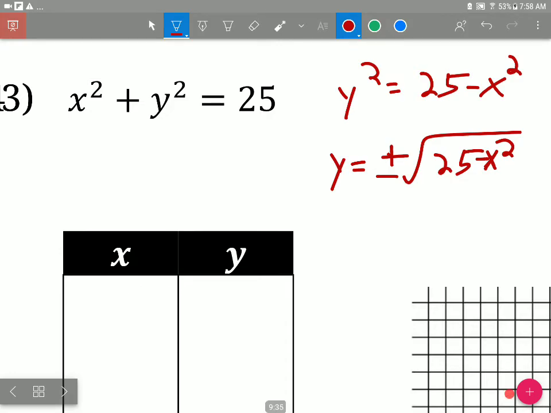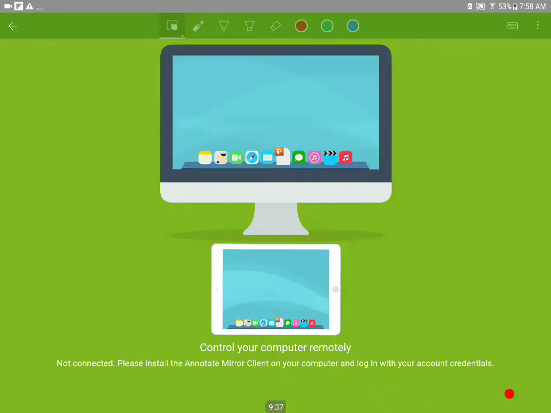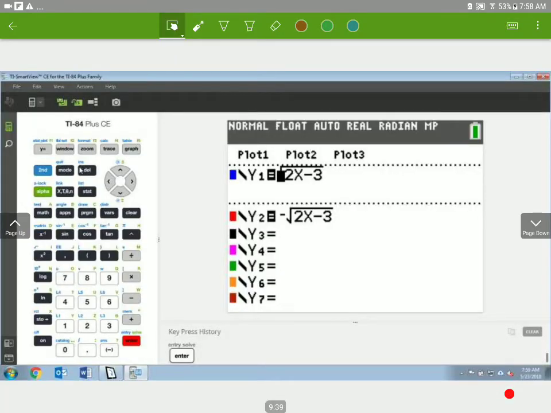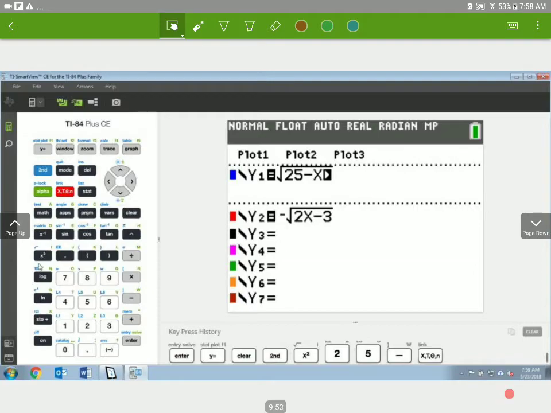So here we go. Remote desktop. I need the clicker. Y equals, we've already got there. Clear. The square root of 25 minus x squared.